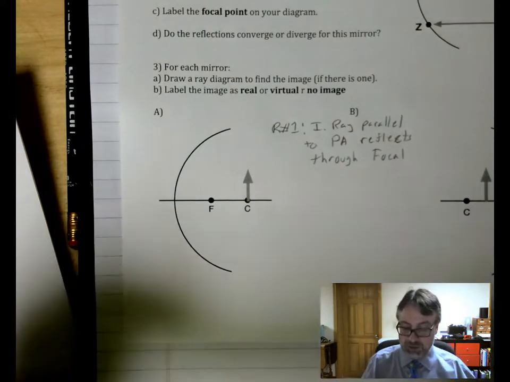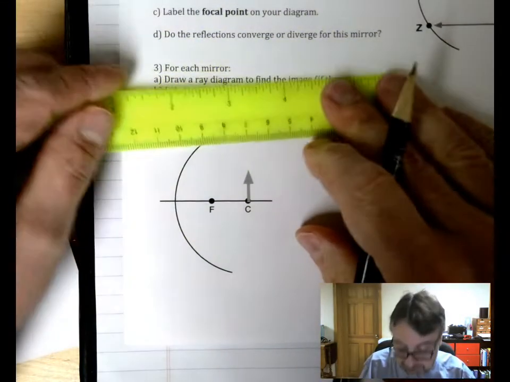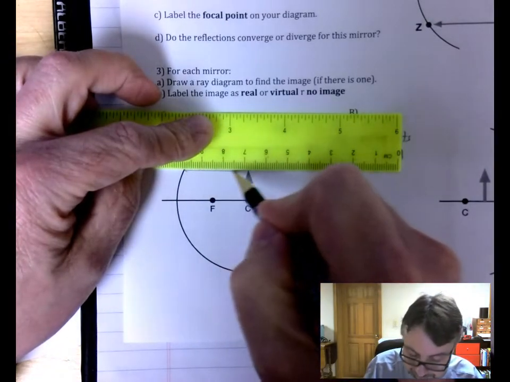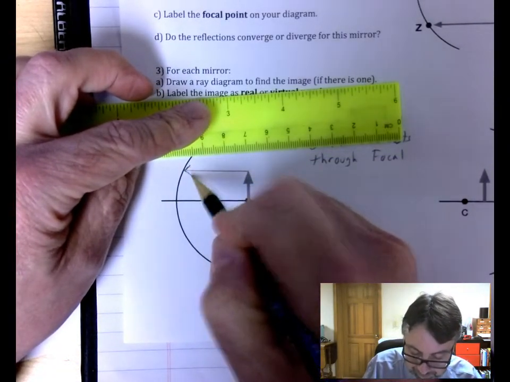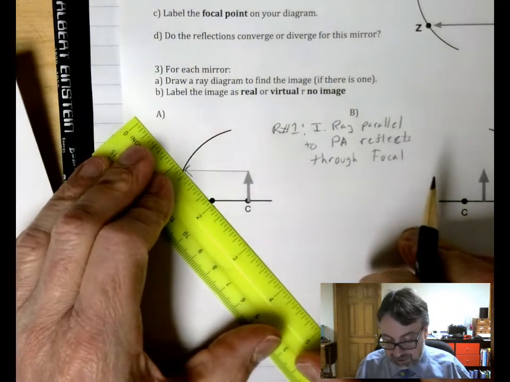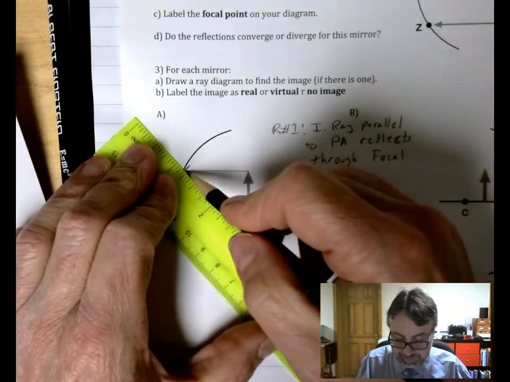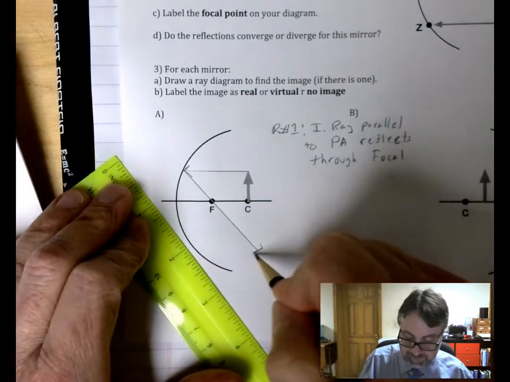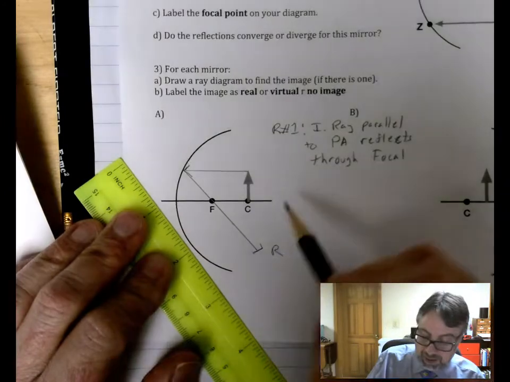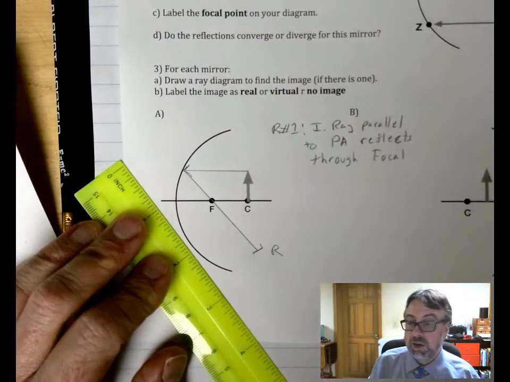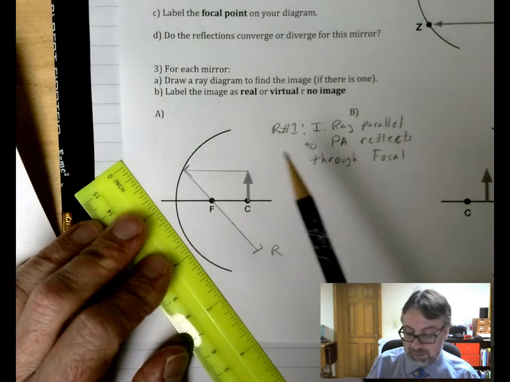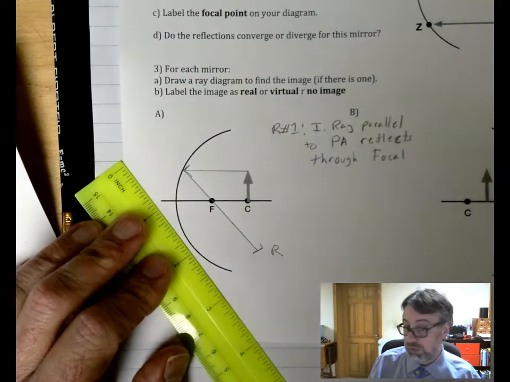So again, I'm going to try to be as careful as possible and draw my ray to the mirror parallel. There is my incident light, and it needs to reflect through the focal point. And I'll mark that reflection with an R again. Now I need another incident ray from the top of the arrow to see where the image will be. I'm going to use rule number 2 now.